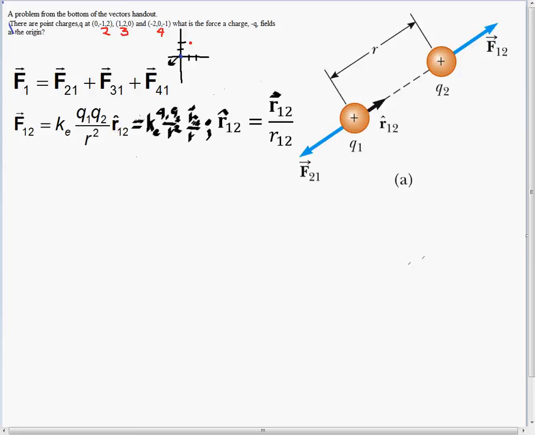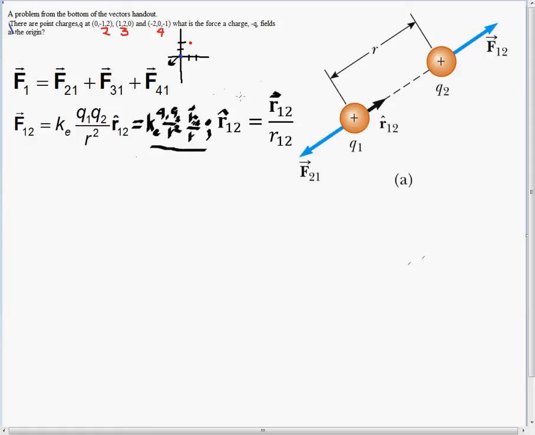Now, I'm going to simplify this in a certain way, because when it gets time to do computations, we would have to do this anyway. So over here, I have written a formula that's the same as before, but I've written out what r hat 12 is, and you'll see that it is also given here on the right.